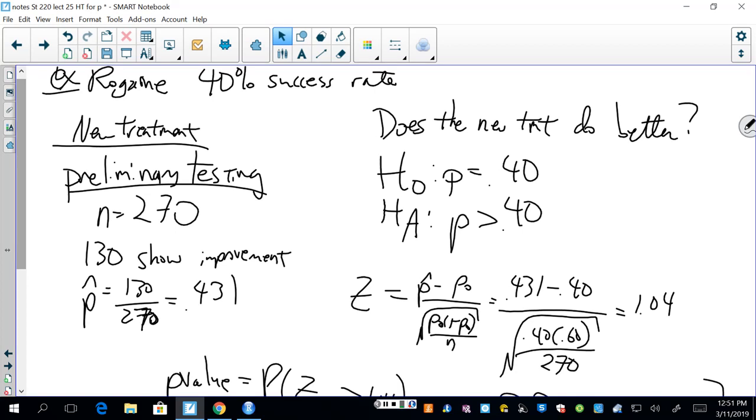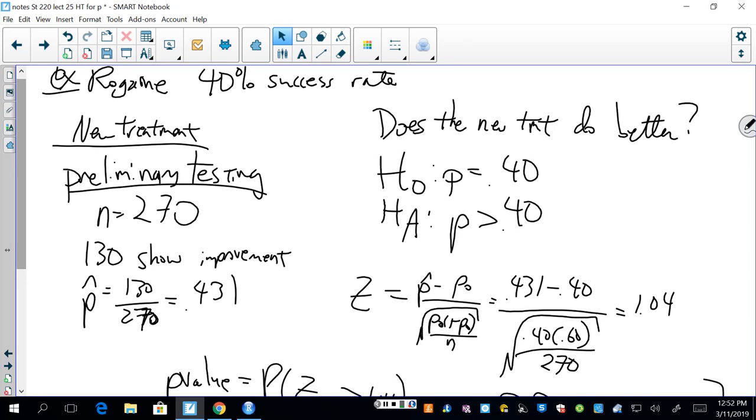It certainly is higher than 0.4. If you phrased it as a generic brand or alternative that's going to be sold cheaper, you might want to say not necessarily that it does better, but that it doesn't do any worse.